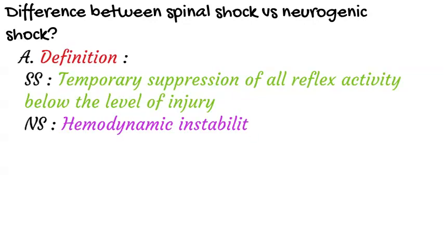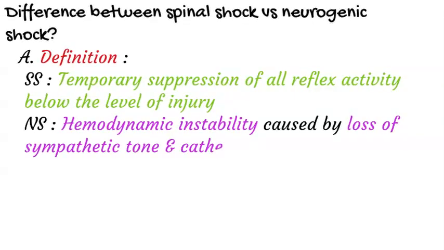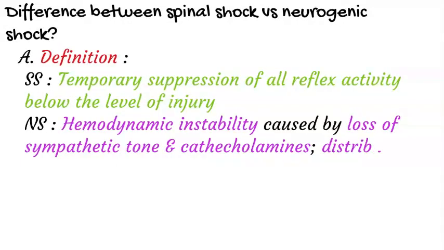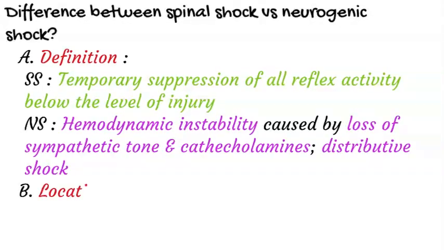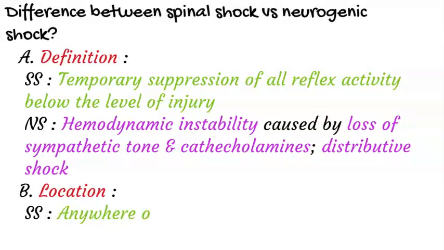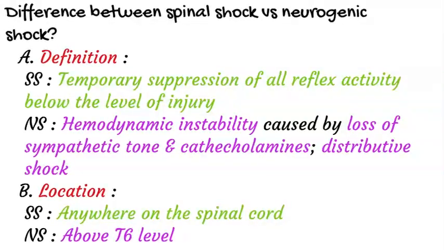But neurogenic shock is hemodynamic instability caused by loss of sympathetic tone and catecholamines, and is one example of distributive shock. B. Location. Spinal shock can occur anywhere on the spinal cord region. But neurogenic shock usually occurs with injury above the T6 level.